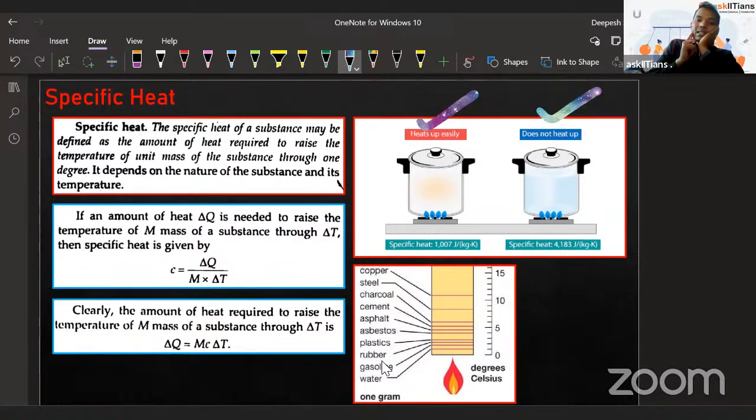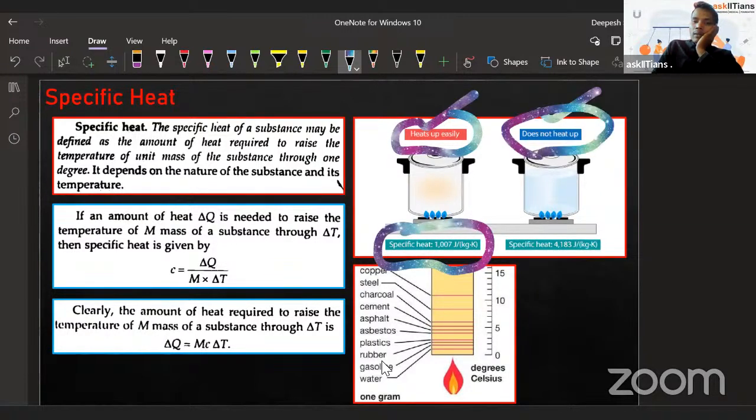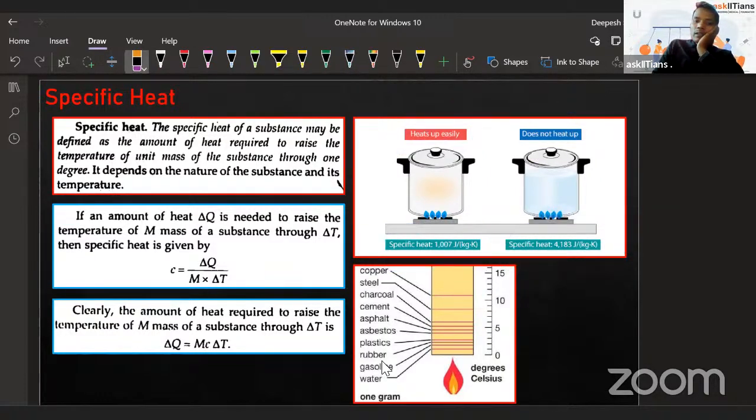This is what we call specific heat. Because the empty cooker is getting heated up easily, it has a small specific heat. The one with water will take a lot more time, that's why it has a bigger specific heat. So what is specific heat at the end? If I want to define it, it is simply the amount of heat which is required to raise the temperature of a body, if the mass of the body is m.